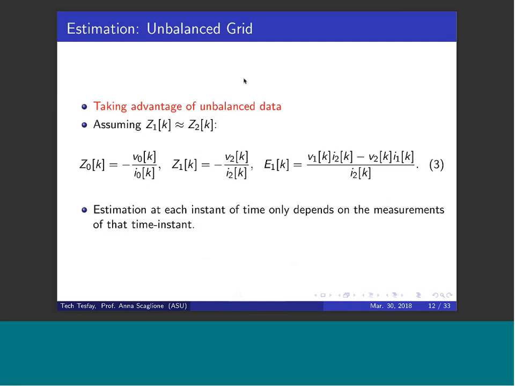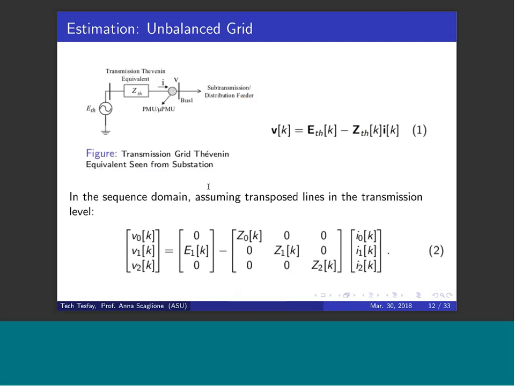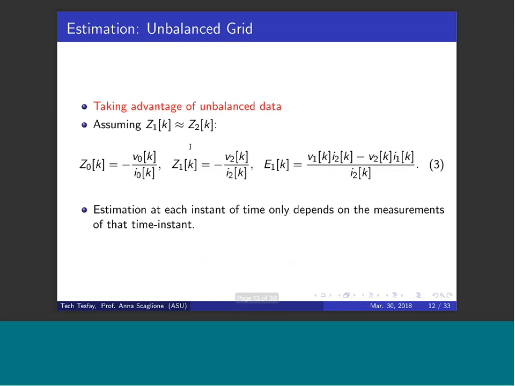For the balanced case, we make this common assumption where the positive sequence impedance is equal to the negative sequence impedance, and this sequence domain representation allows us to have three non-trivial equations from which we can directly compute the Thevenin impedance and the Thevenin voltage by using only a single measurement from a single PMU.